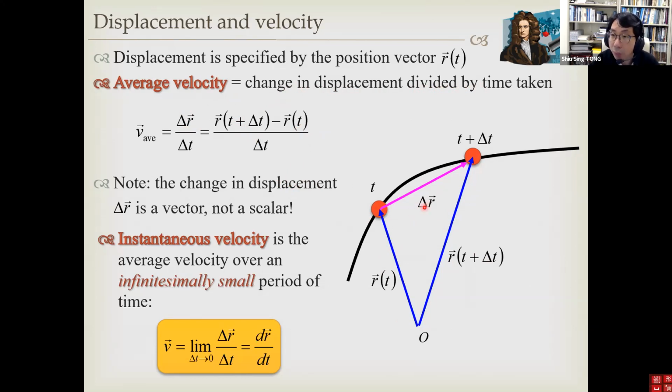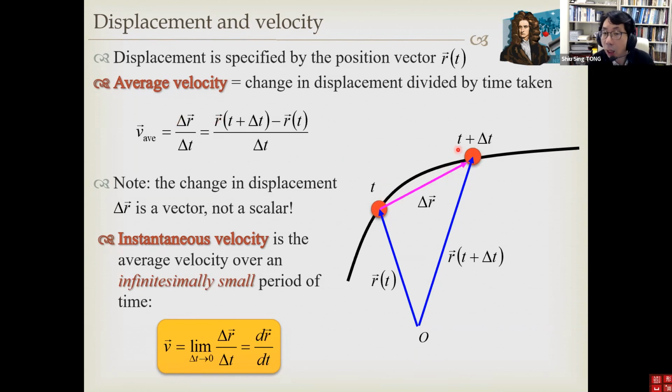From the rules of subtraction of vectors, r(t plus delta t) minus r(t) is just a vector that points from the position of the particle at time t to the position of the particle at time t plus delta t, and that is called delta r. So the pink vector is delta r.